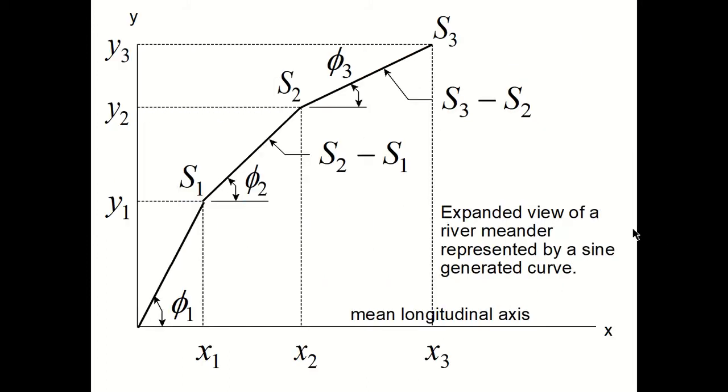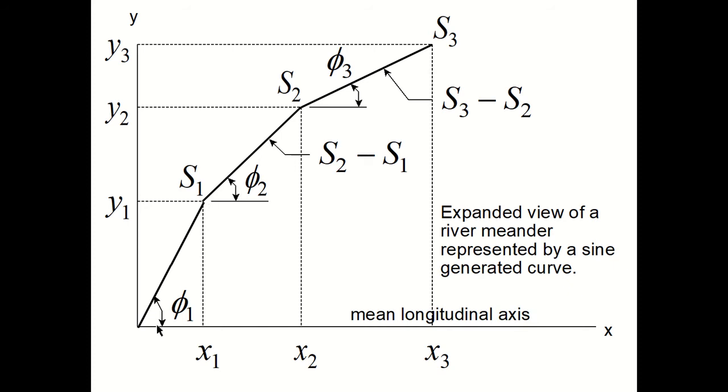Now, how do you generate these points? If we consider the meander path to be a series of short line segments, our first line segment would be traveling a distance along the arc of S1.